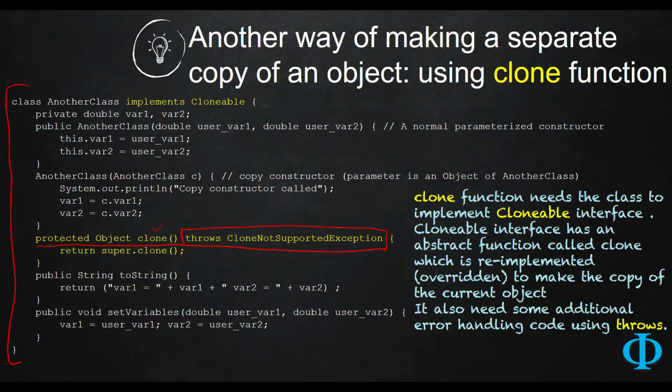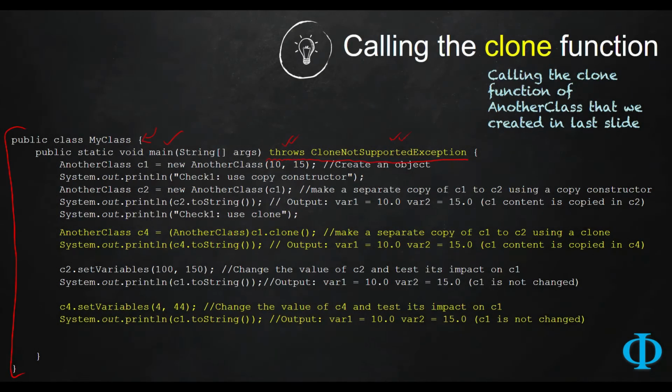That's the first time. And then in the main function, or let's say from the function where you have called the clone method, like from the main function I am calling this clone function of another class, so I have used throws in that function also. So well, that's what you have to do.